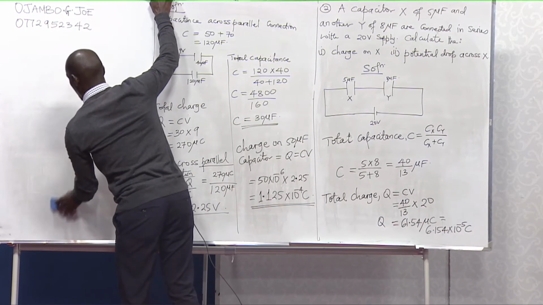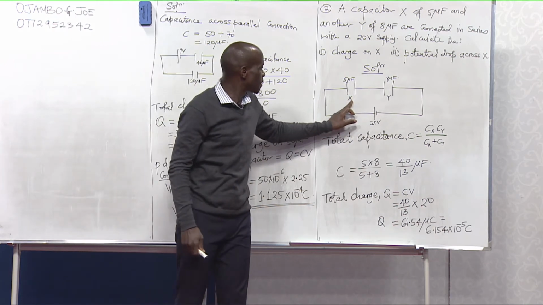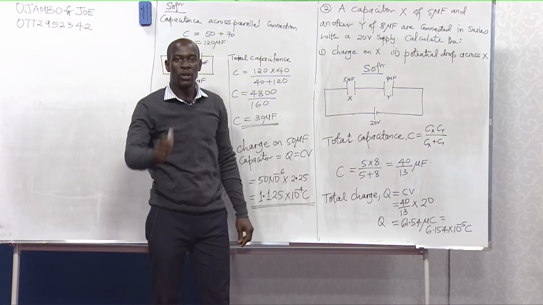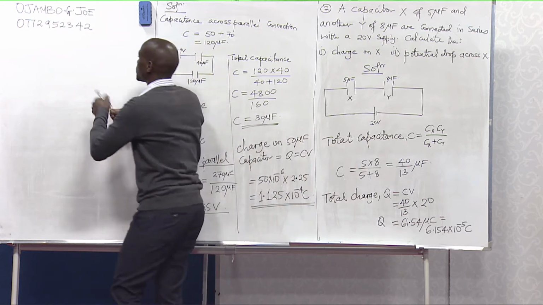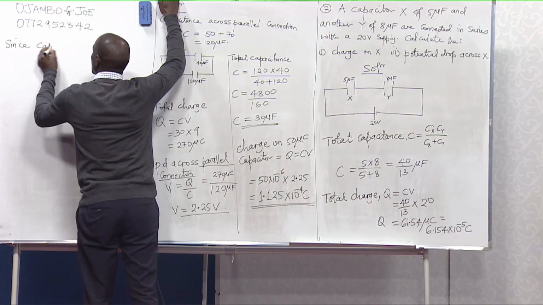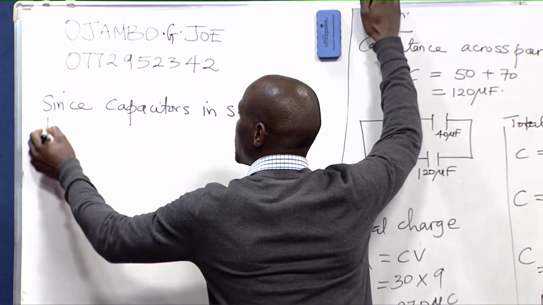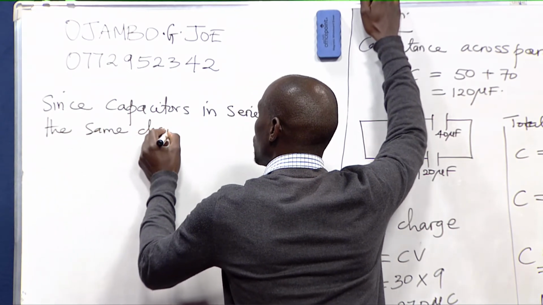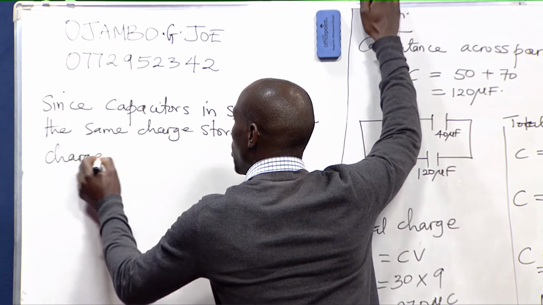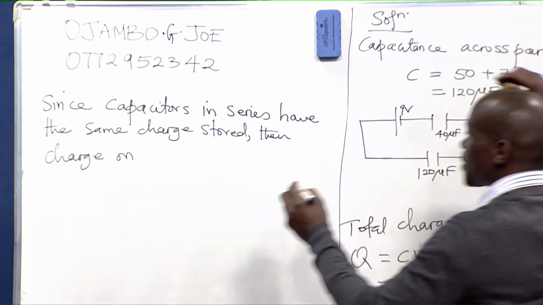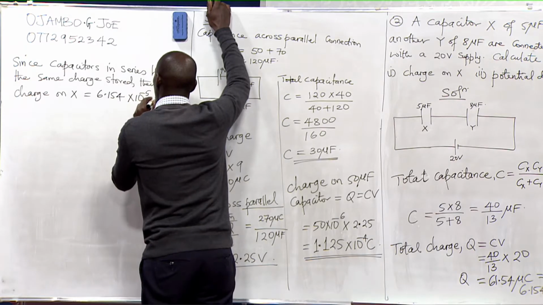I can conclude, so that I don't leave the person looking at my work in suspense, by saying: since capacitors X and Y are in series, and we know that capacitors in series have the same charge stored, then the charge on X is equal to 6.154 exponent negative 5 coulombs.